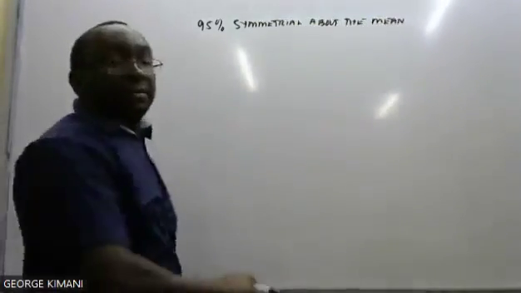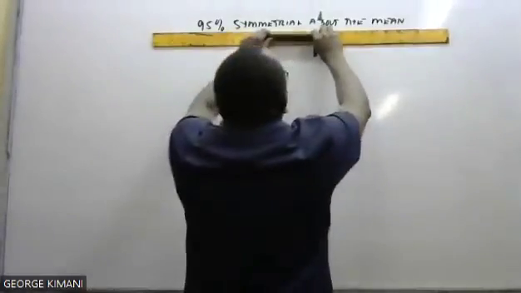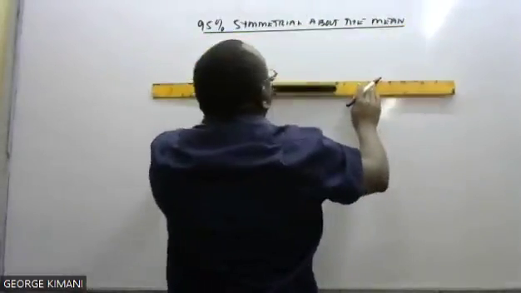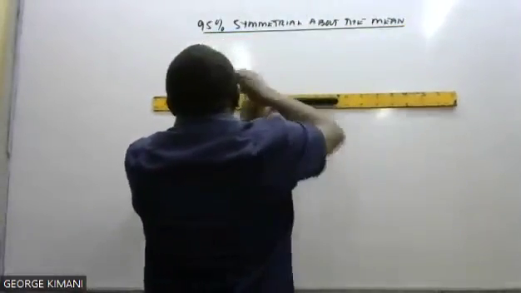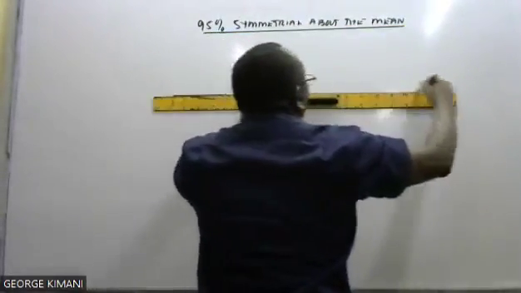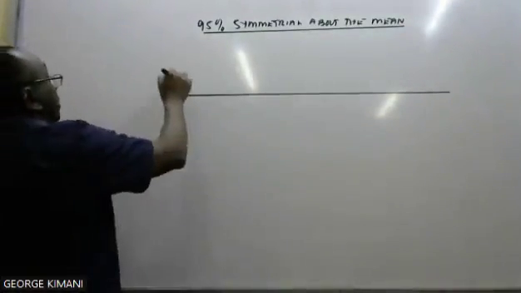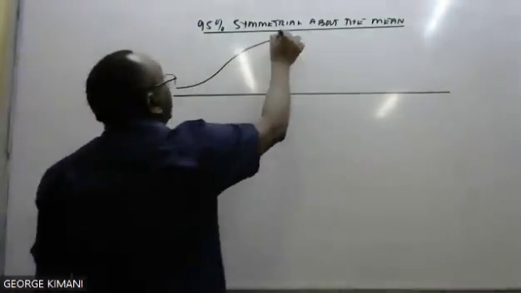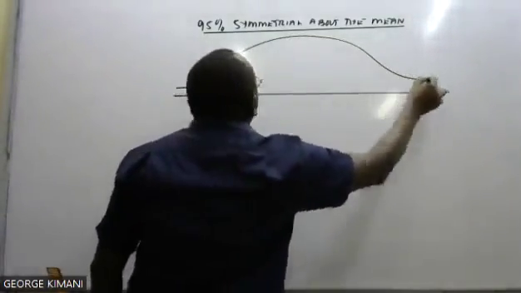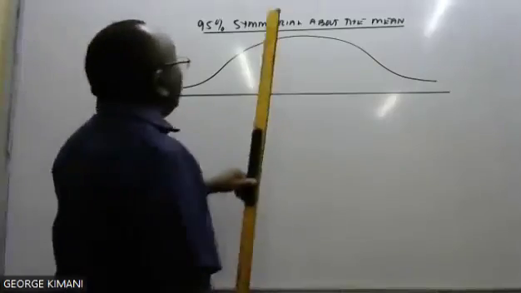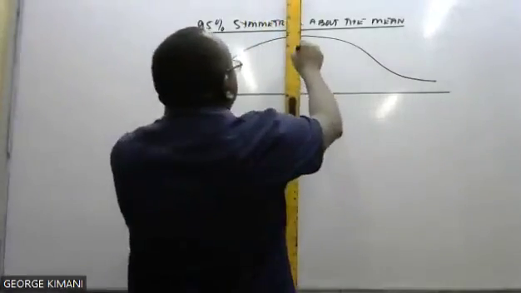About the mean, that means it is divided at the mean value. And I told you a while ago that something is called symmetrical if it is what? If it is divisible into two equal parts.